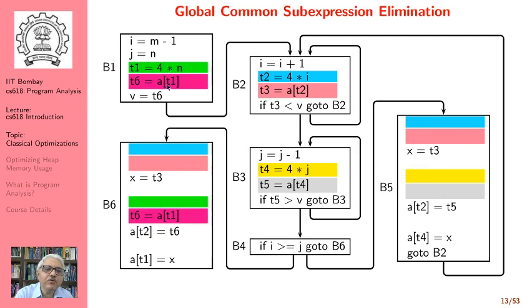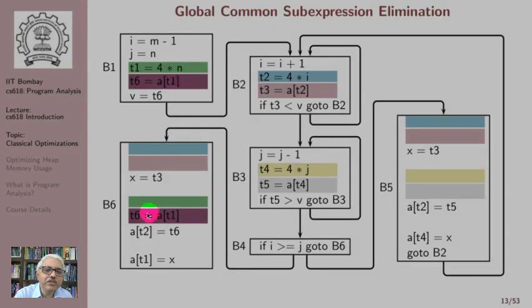Note that we have not eliminated T6 is equal to A of T1 and T6 is equal to A of T1, in spite of the fact that there is no assignment to T1 on any path from here to here. But that's because A is an array, and when we say A of T1, we cannot guarantee that the same location is not modified using some other index.